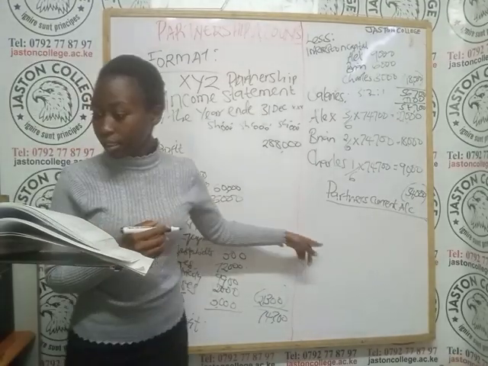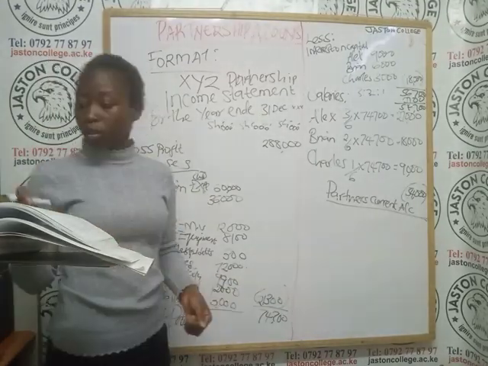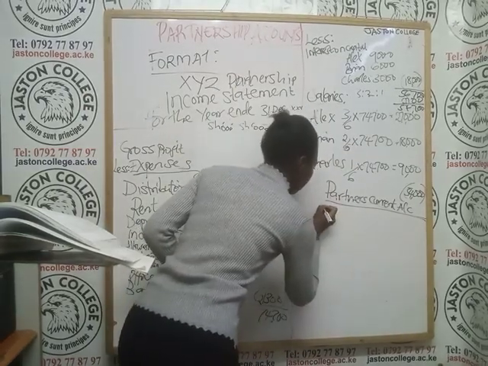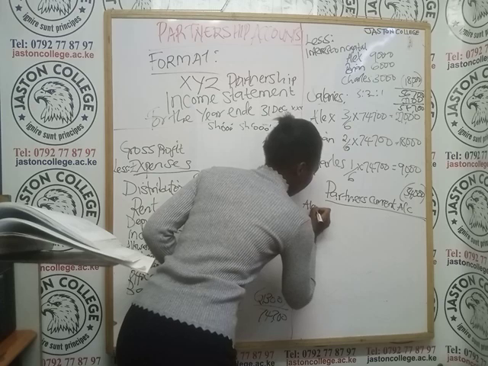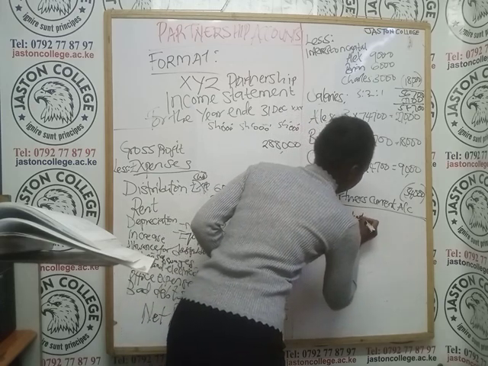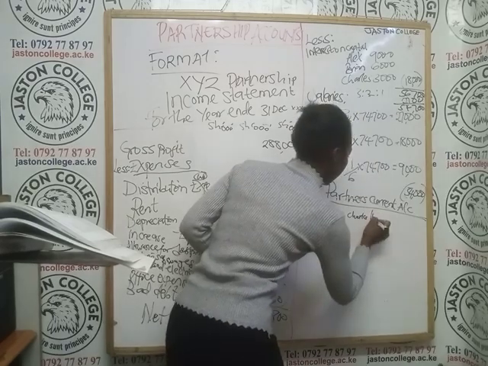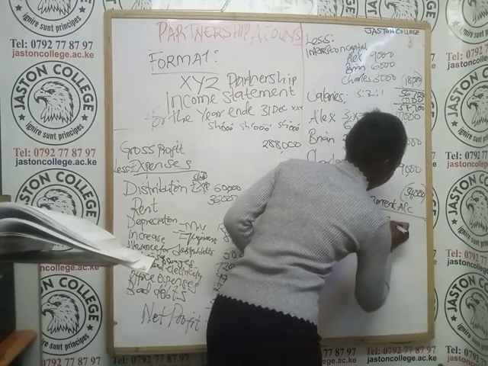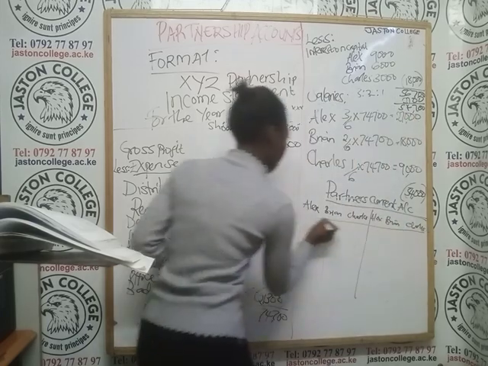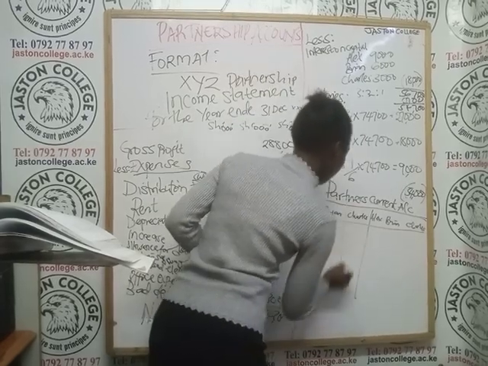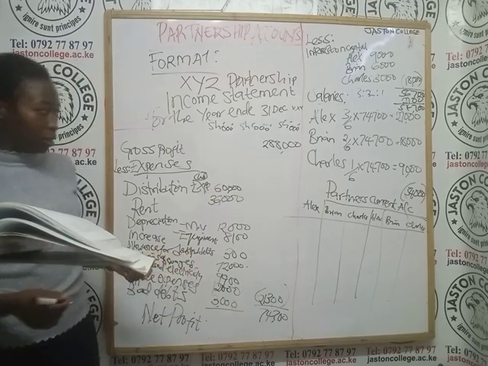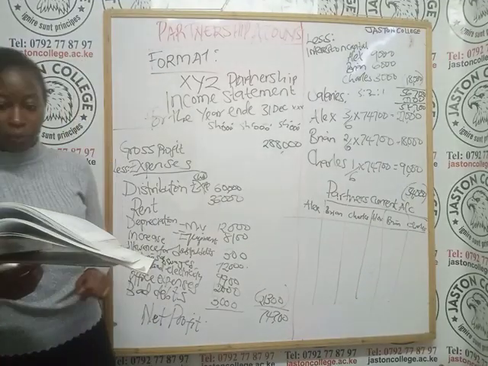And we have Alex, Brian, and Charles. So we will write the names of the partners here: Alex, Brian, and Charles. So we will write their columns in that method.